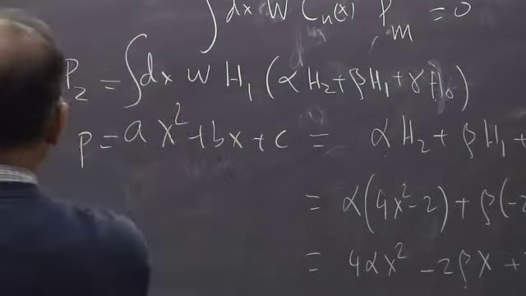Okay, so let's see. So the Hermite polynomials. For Hermite, S was equal to 1, W was e to the minus x square. In this expression we only need that. So S is 1, and this part is simply d2 by dx2 on Hn. We use the symbol H for the Hermite.